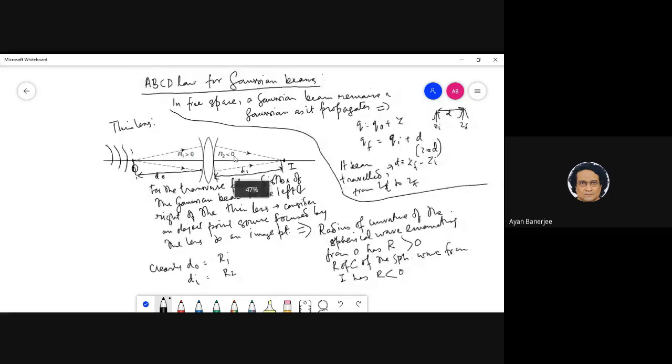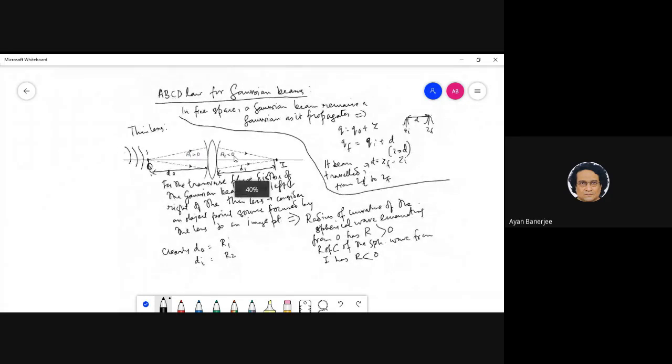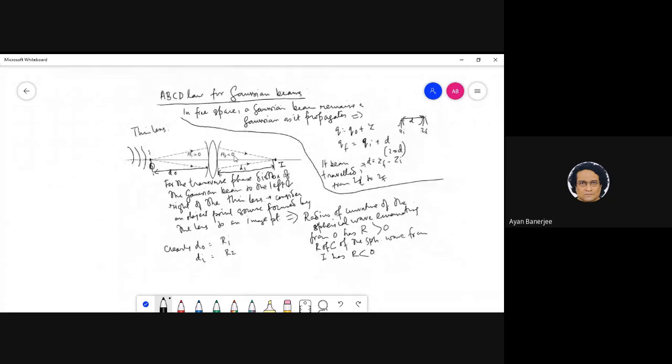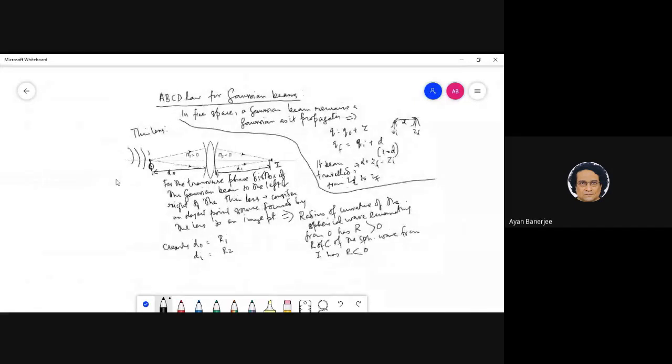Because then you need to know the ABCD law, and at the moment we have not defined anything about the ABCD law at all. We are trying to figure that out. That is nothing to do with that.